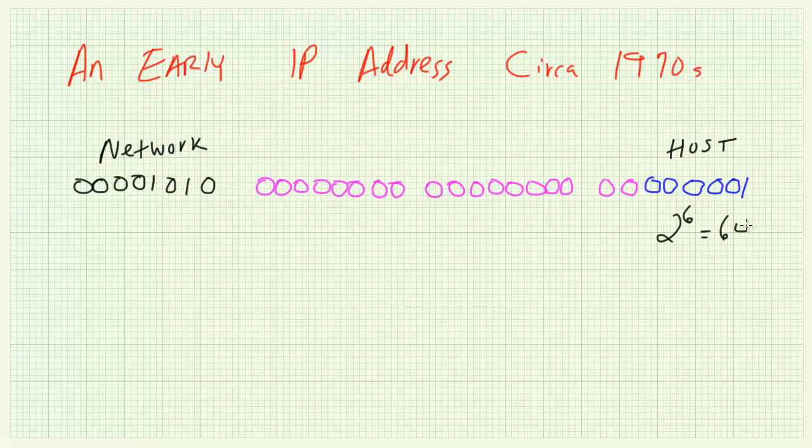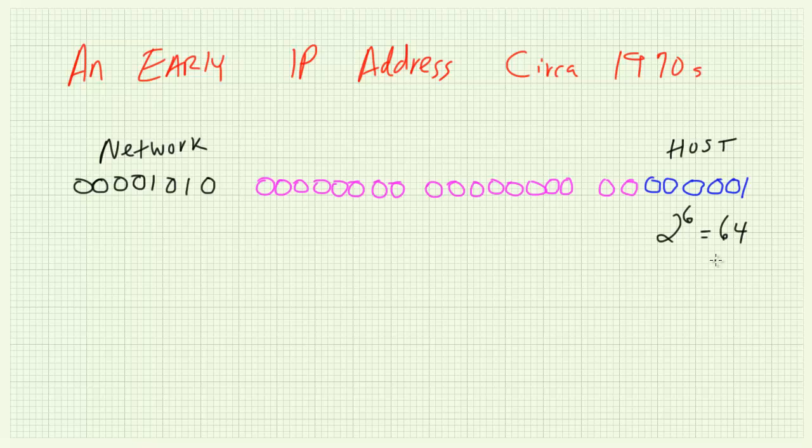Now, for some reasons that we'll talk about later, the situation where the host number is all zeros and another situation where the host is all ones, those are special cases. And those are not assignable addresses that you could configure on a host computer device.